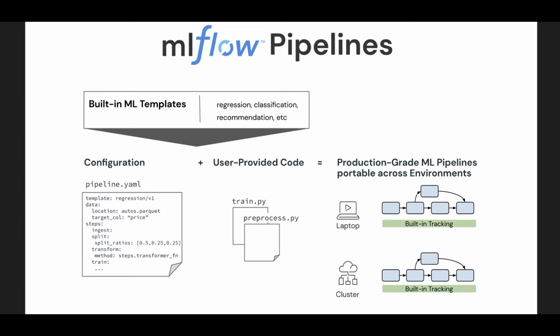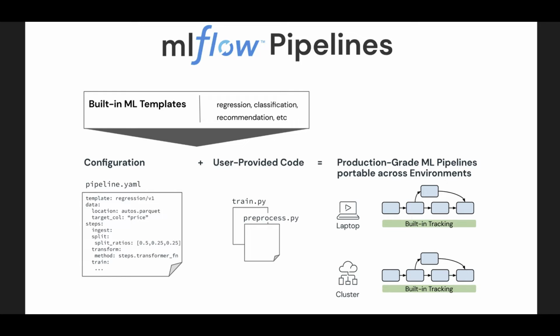ML Flow pipeline. This is actually coming in with ML Flow 2.0, but the beta version of that is already available in ML Flow 1.27.0, I think. So what is ML Flow pipeline and what would be the main benefits to use it?